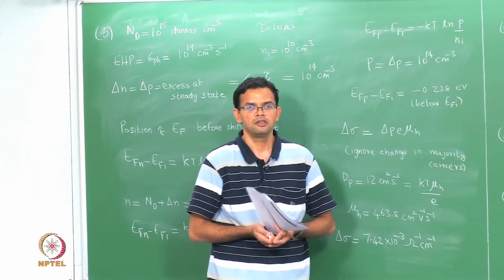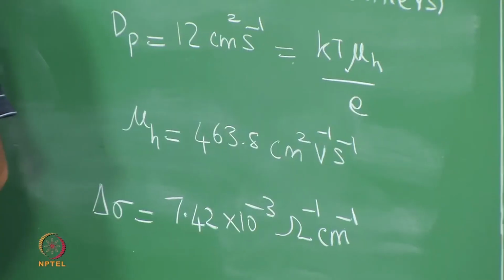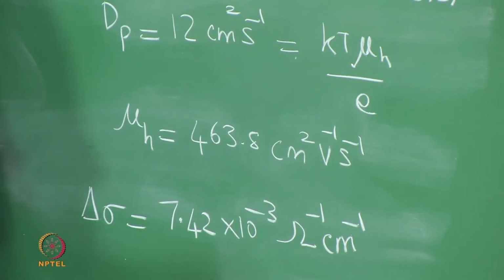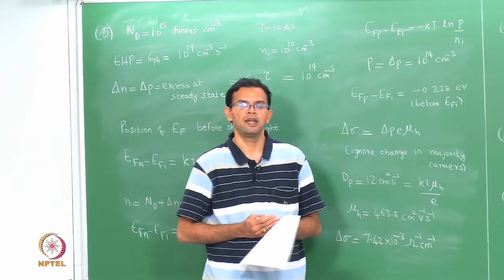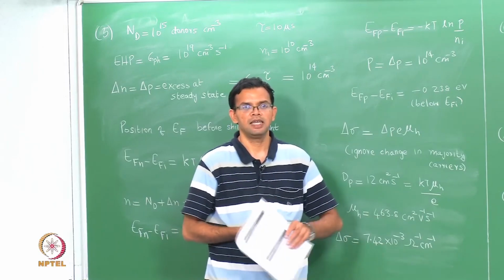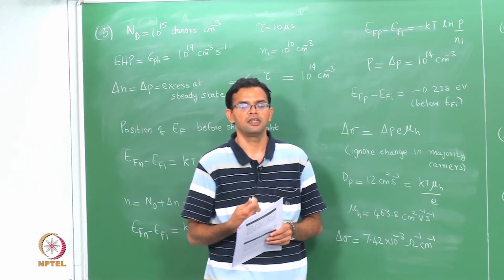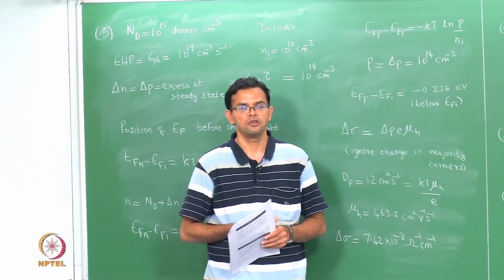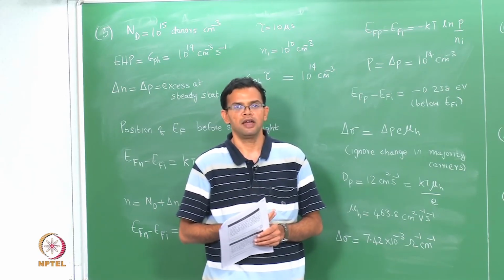So, we can treat a semiconductor which has a non-equilibrium concentration of electrons and holes as essentially an n and a p type separately, and then we can basically calculate the increase in conductivity, and this increase in conductivity is mainly due to the increase in the minority carrier concentration.